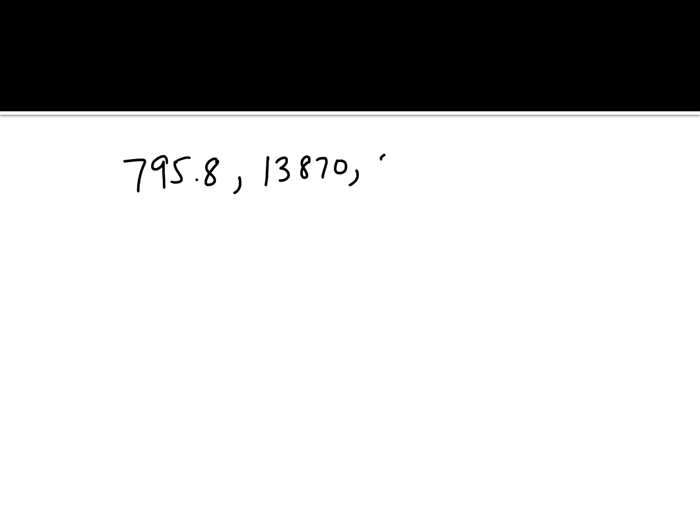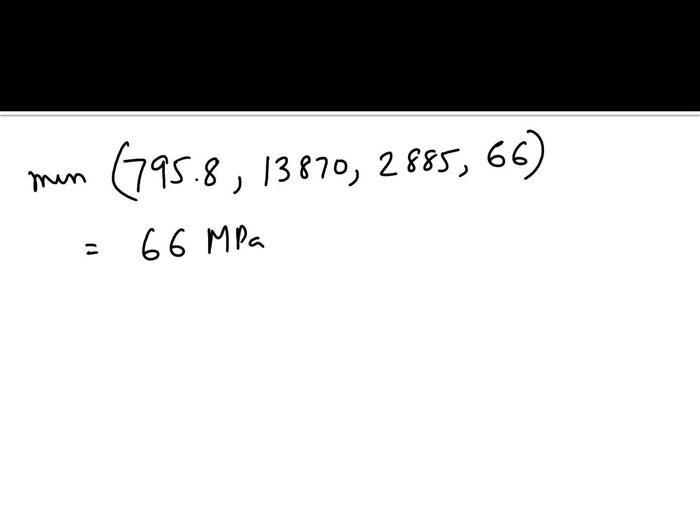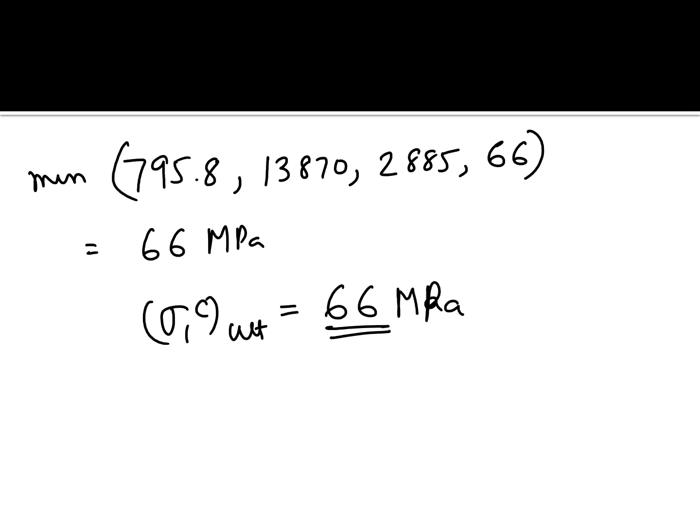We got 2885 megapascals because of the shear microbuckling mode, and then we got 66 megapascals out of the shear failure mode. So we're going to take the minimum of these, which turns out to be 66 megapascals. So from the modeling point of view, the sigma 1c ultimate is predicted to be 66 megapascals.